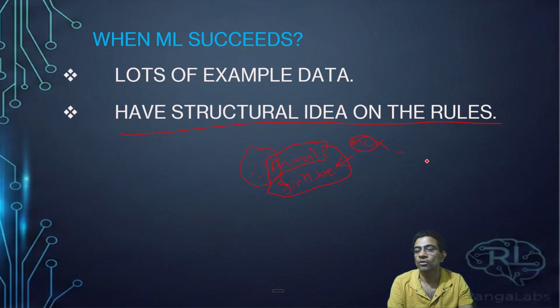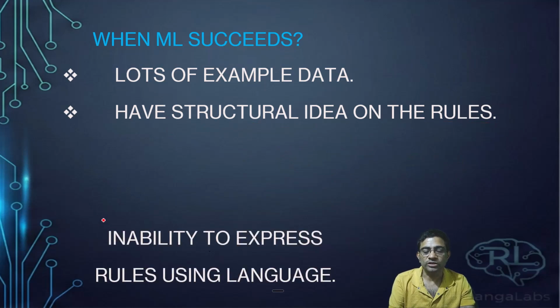So even though we don't have any rules, we should have an idea of what examples we are going to give, so that the machine learning will give the correct output as per our requirement. Again, what I mentioned is the inability to express rules using language.